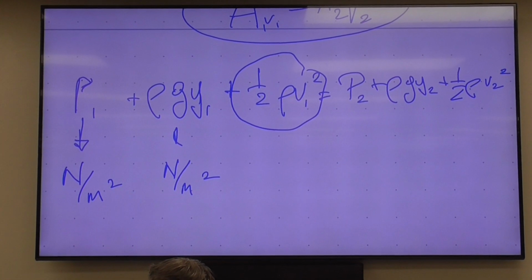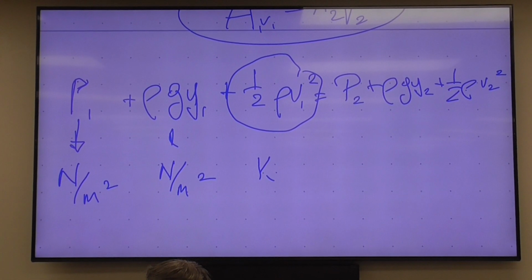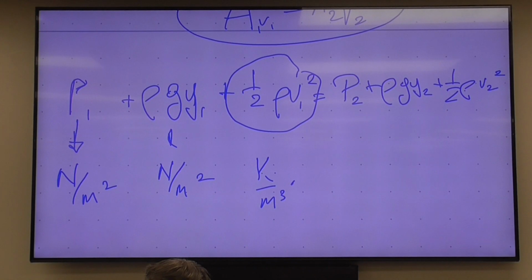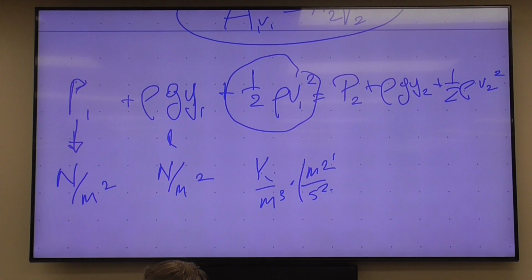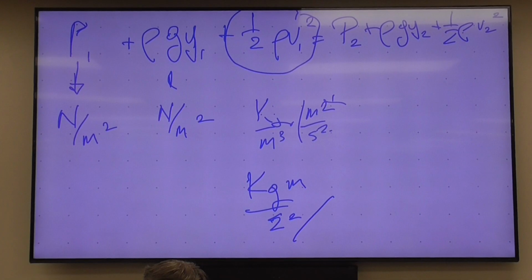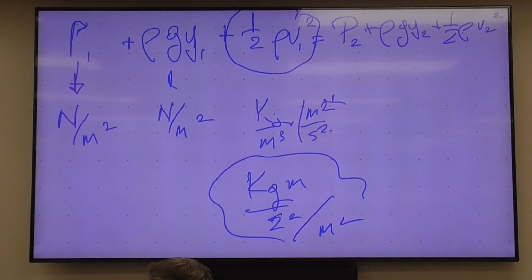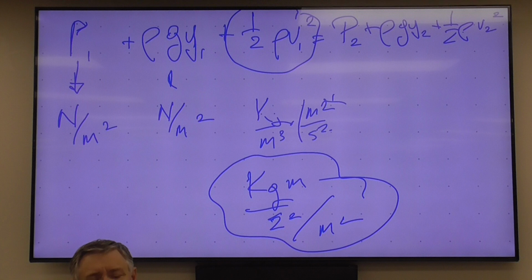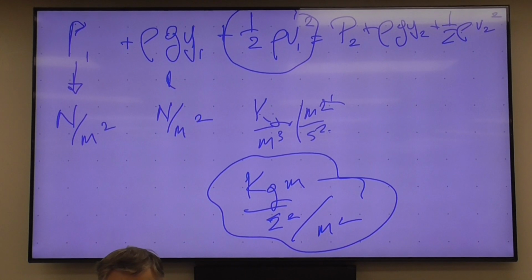You've got density in kilograms per cubic meter, multiplied by meters squared over second squared. You can write that as kilograms meters over second squared, and that cancels out one of the meters, so you end up with the exact same thing. It's a little weird unless you think about it.